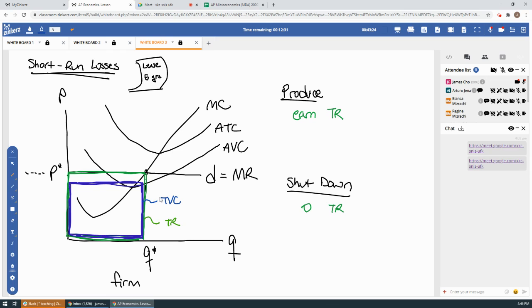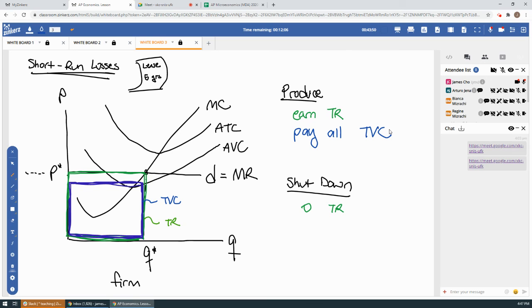But if I decide to produce, I brought all my workers into my factory. Am I earning enough money to pay all of my workers? What's bigger, the total revenue green box or the total variable cost blue box? The total revenue. So I'm able to pay off all of my total variable costs.